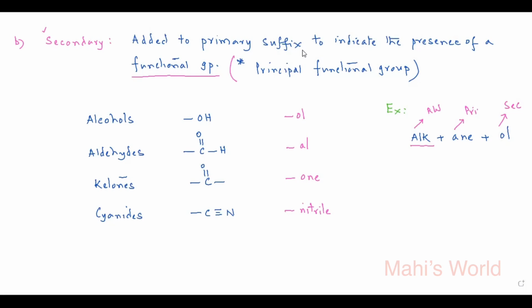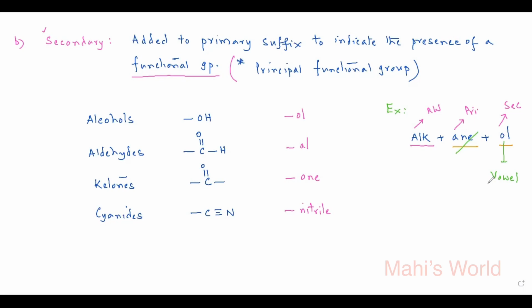Now, the interesting point is, when you add a secondary suffix to primary suffix, the terminal E of the primary suffix is removed if the secondary suffix starts with a vowel.